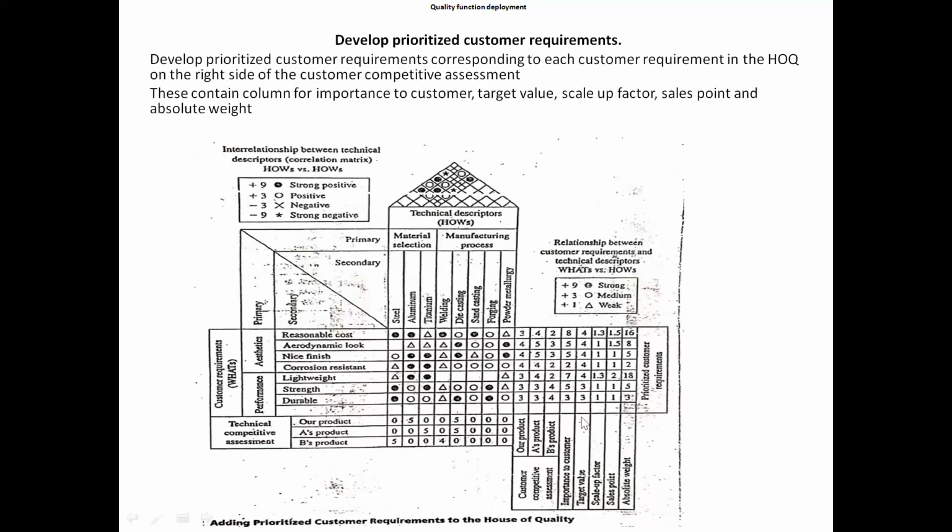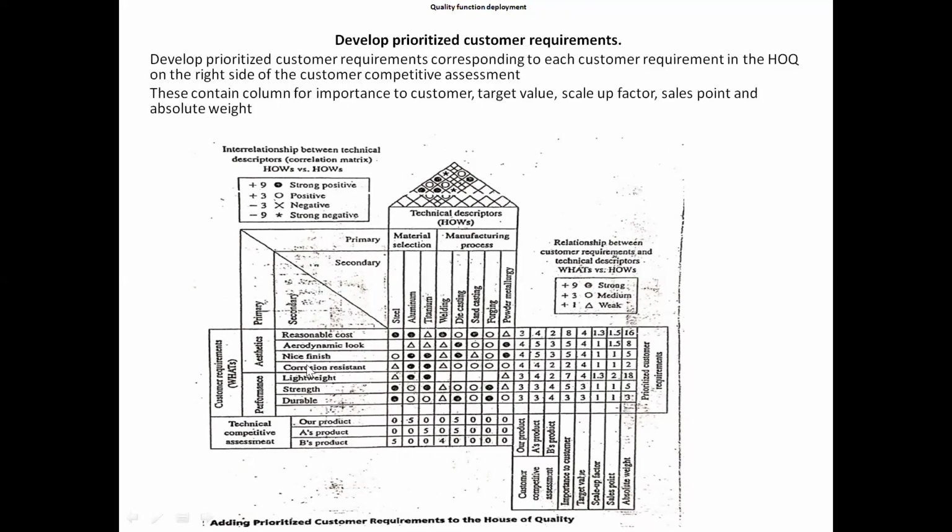Target value is how we are going to compare our product with the others' products. Then scale-up factor, 0 to 2. The sales point, 0 to 2. According to the importance to the customer, what is the reasonable cost? 8. Others are 5, like that. It is the prioritized customer requirement.